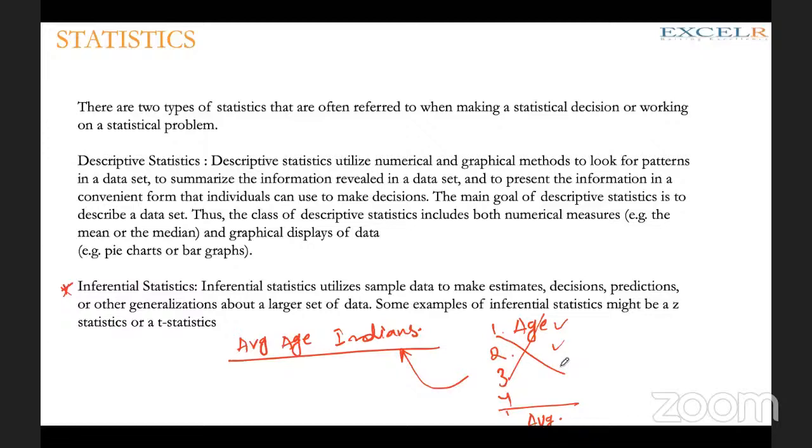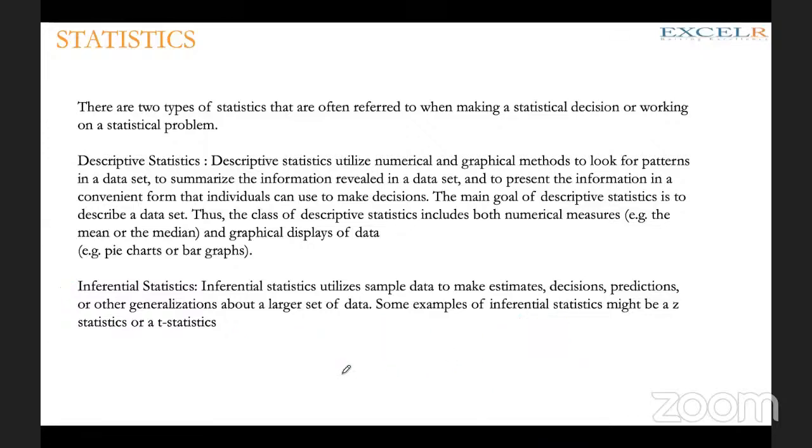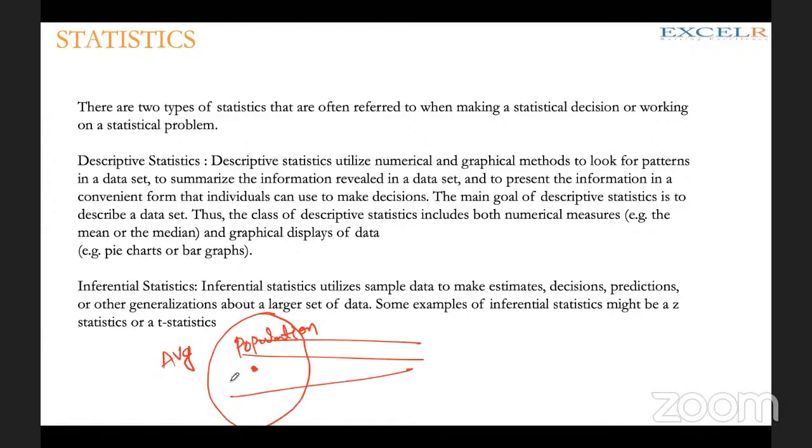Then what is the other solution that we have? Let's say I have the population. This is my population data. What we do is take a random sample from this population.